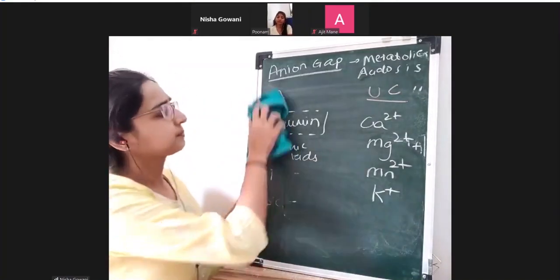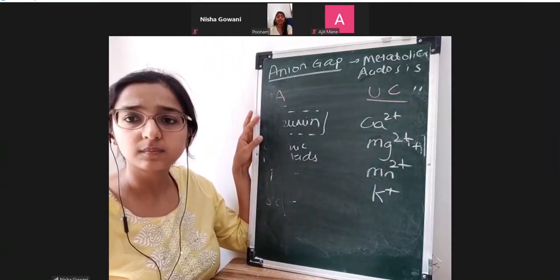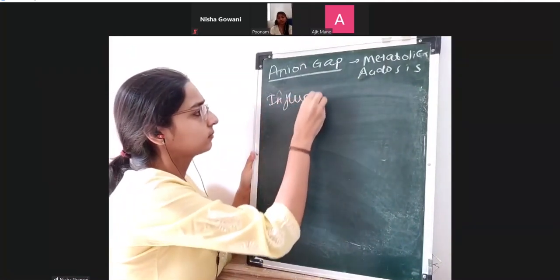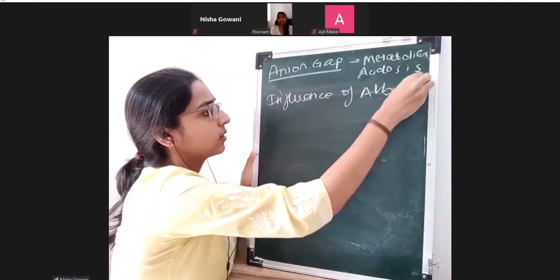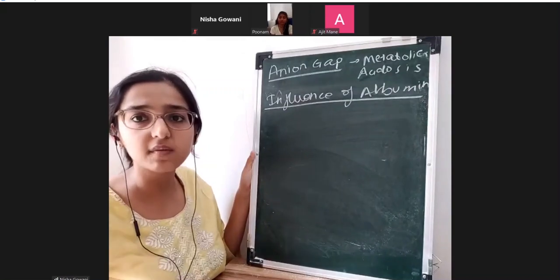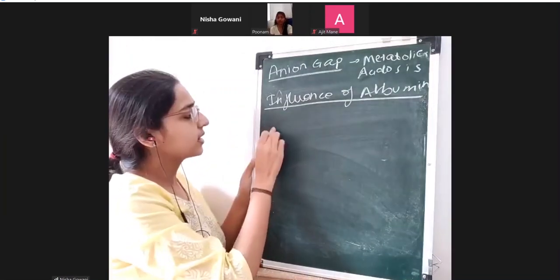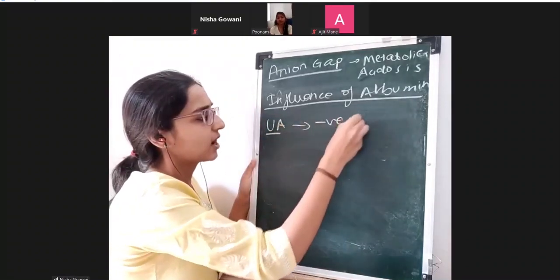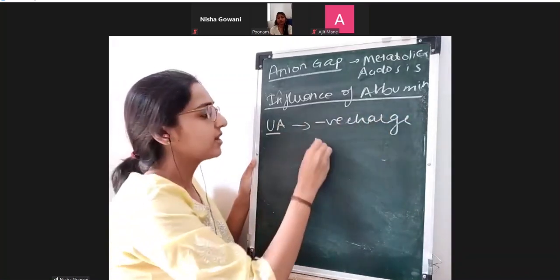I'm sorry I erased the list. So now we know that albumin is a very important unmeasured anion which contributes to the anion gap. Albumin is an unmeasured anion, which means it has a negative charge. So it is a weak acid. Okay.